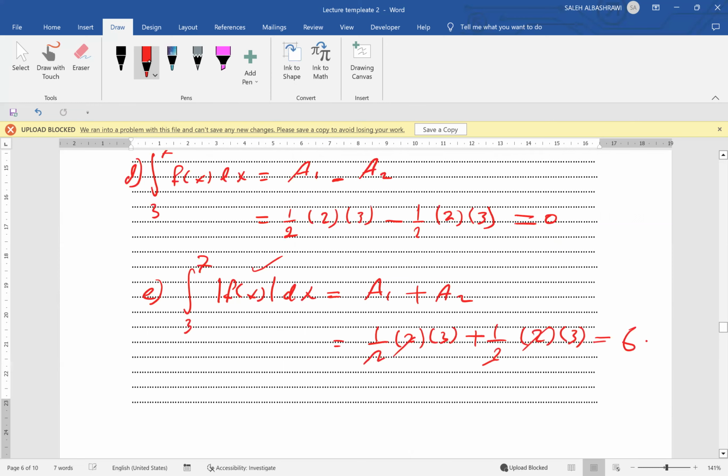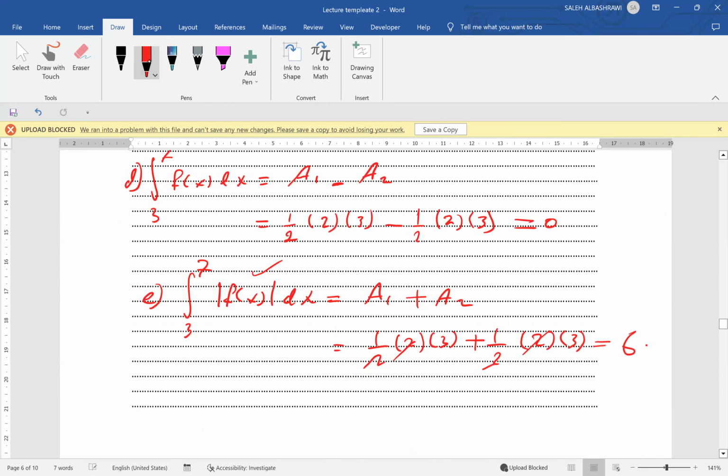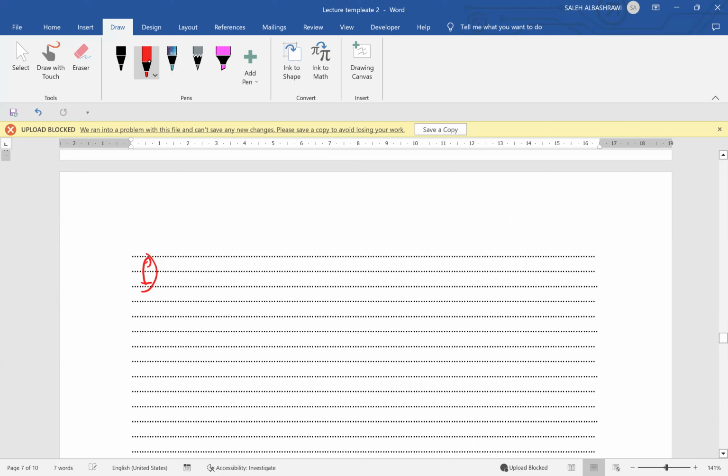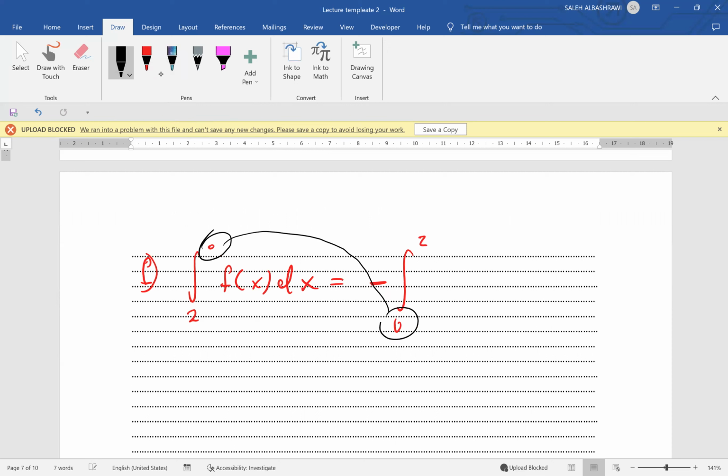This part is F. The definite integral from 2 to 0 of f of x dx is equal to the negative of the definite integral from 0 to 2. If we reverse the order, we multiply the integral by negative. Reversing the limit means multiply the integration by negative.